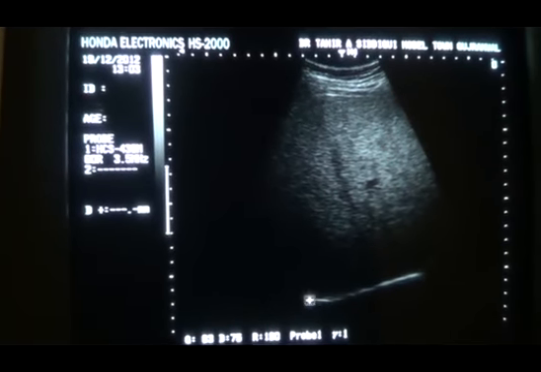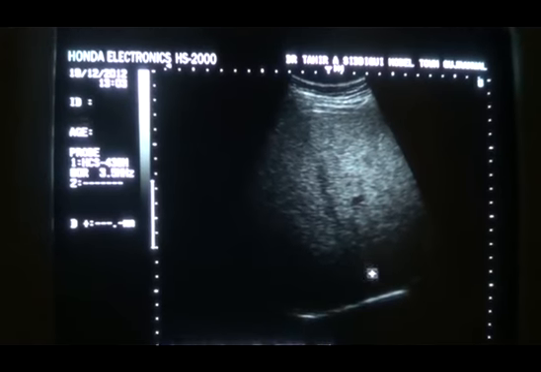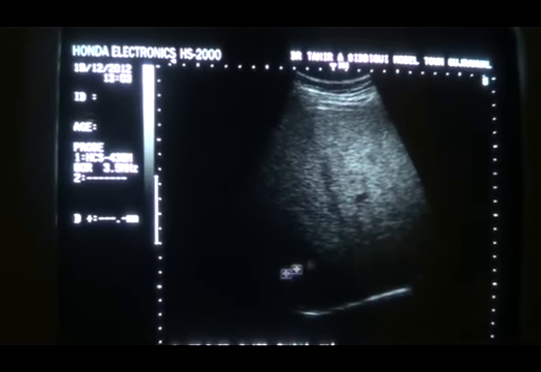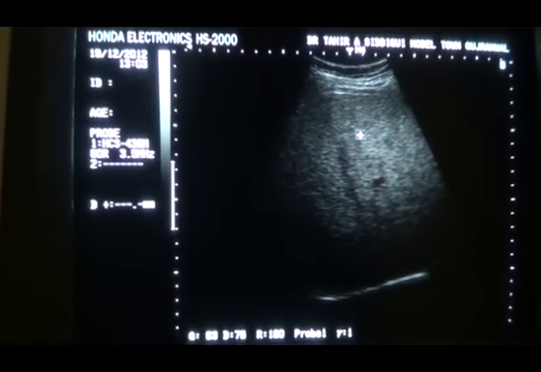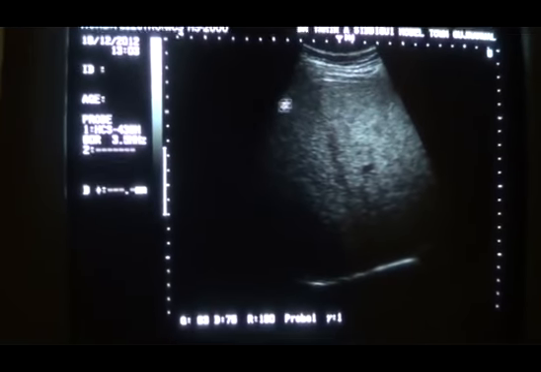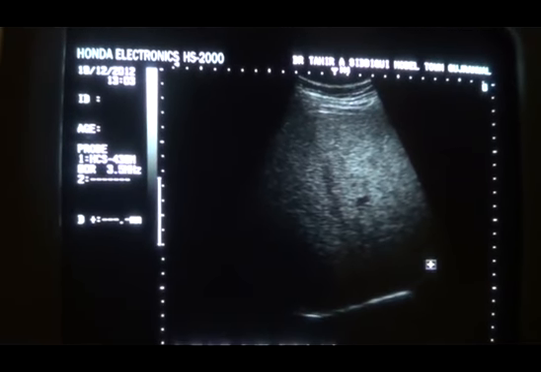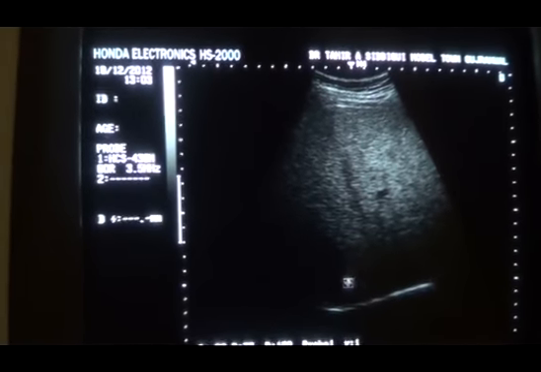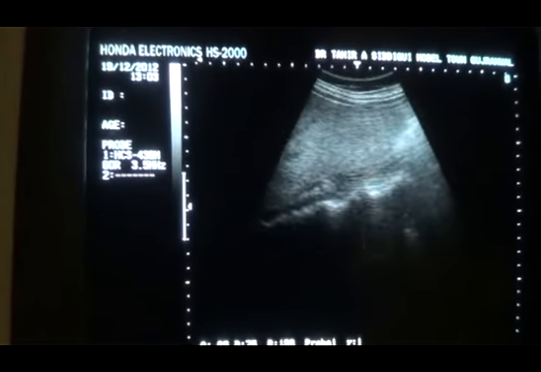This is the diaphragm, it is appearing papery thin, and the area of the liver adjacent to the diaphragm is appearing black because fat absorbs the sound waves very rapidly. By the time they reach the diaphragm, they are attenuated, gone weak to the extent that this area appears black.